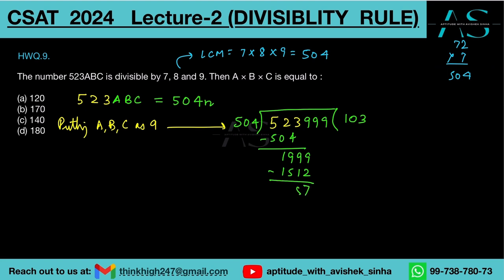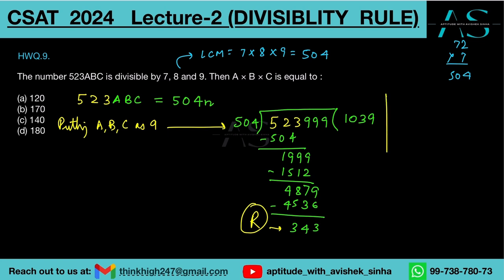This is 7, this is 8, this is 4. Take down the 9. 9 times it would be 9 4s are 36, 9 5s are 45. Subtract. This is 3, this is 4, this is 3. 343 is our remainder. In this case, let's just cross check. 3, 7 minus 3, 4, 8 minus 5, 3. Okay.